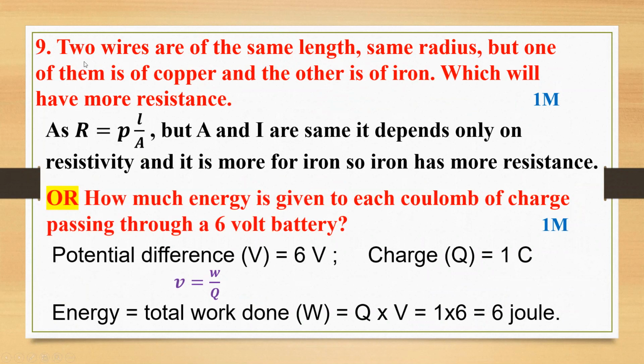Two wires are of the same length and same radius, but one of them is of copper and the other is of iron. Which will have more resistance? See, we know resistance depends on the length of the wire, the radius of the wire, and the resistivity.